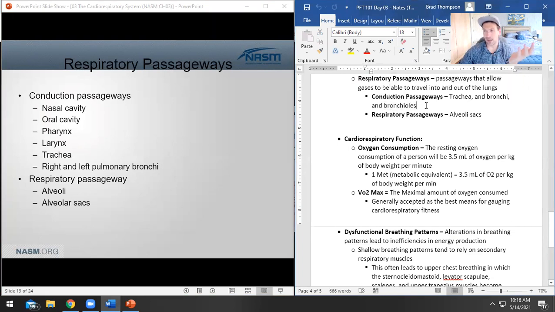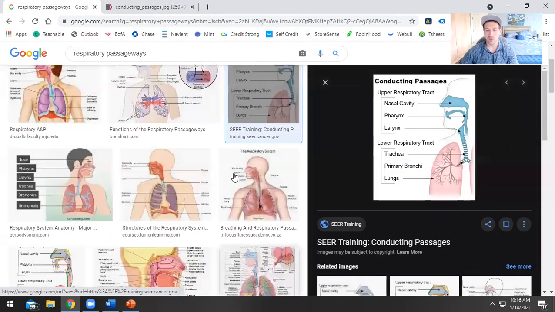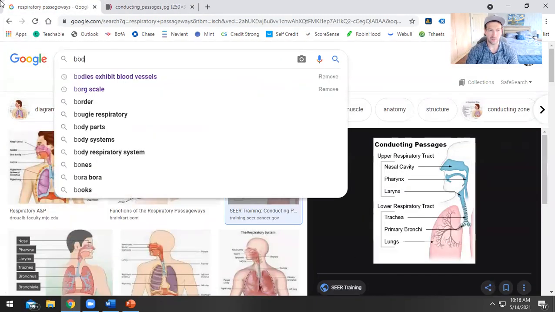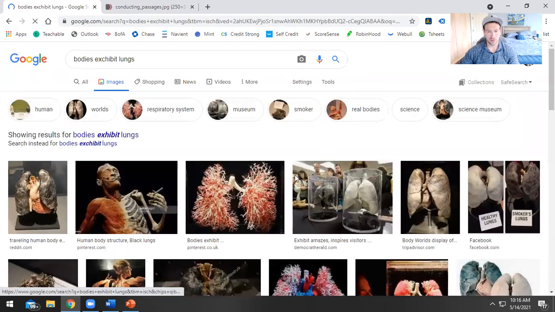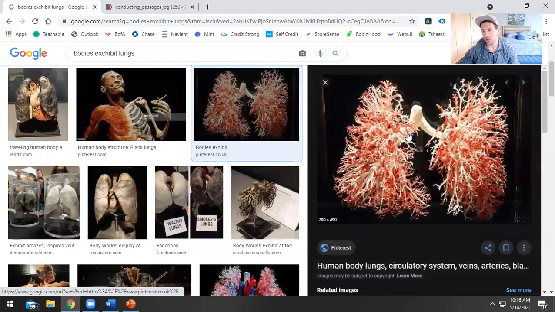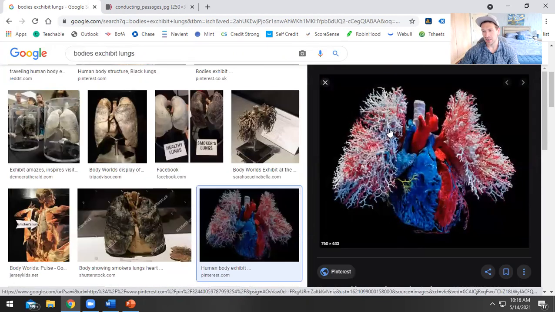Just like we had veins and venules, arteries and arterioles, we have bronchi, which are big tubes, and we have the bronchioles, which are all the little tubes that are branching off from that. So again, if we look at the bodies exhibit here, you can actually see these big branches, and then they break into all of these little tiny individual pieces there, right?